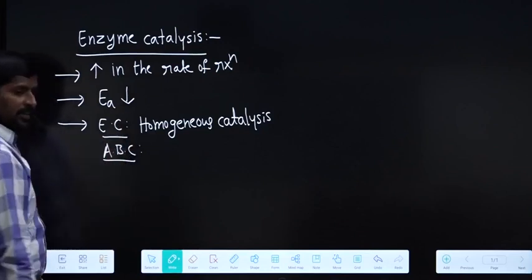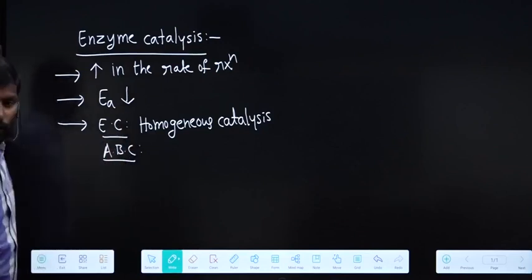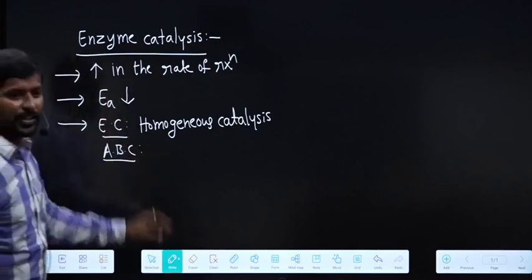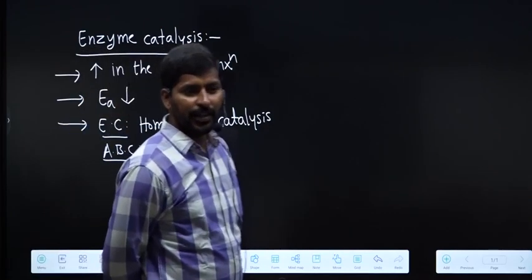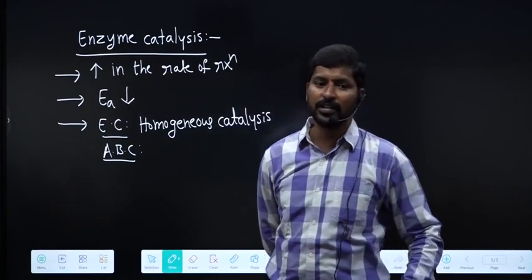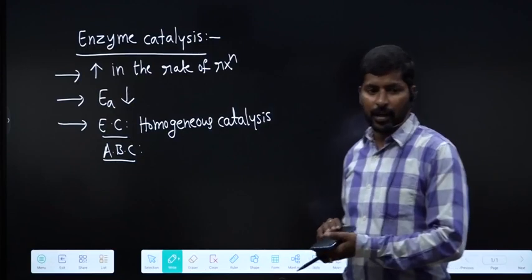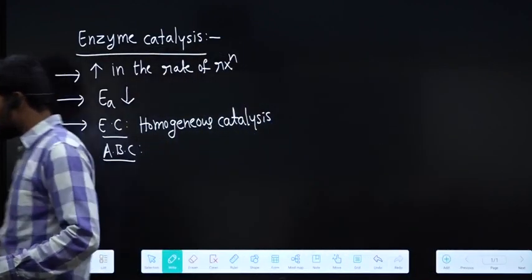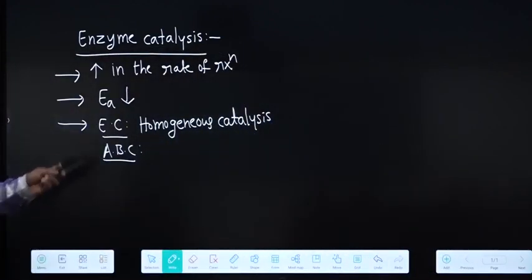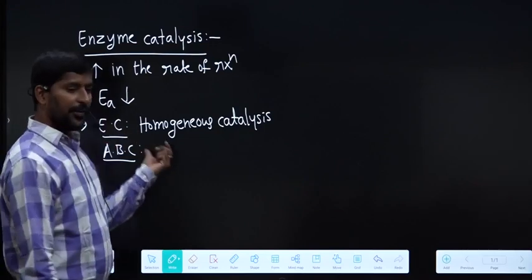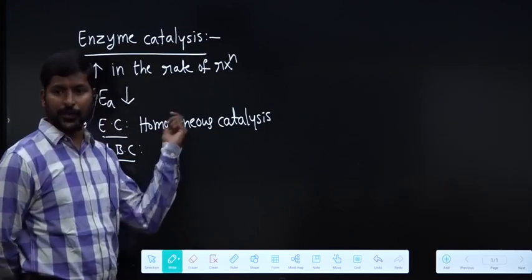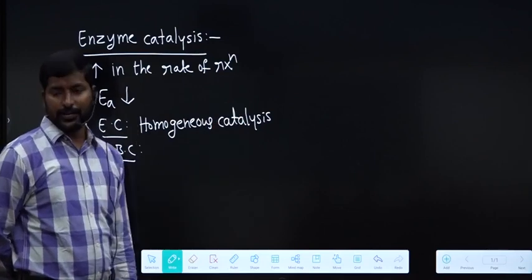Homogeneous catalysis means reactants and catalyst both are in the same phase. If reactants and catalyst are in the same phase, then such catalysis is called homogeneous catalysis. If reactants and catalysts are in different phases, that is said to be heterogeneous catalysis.